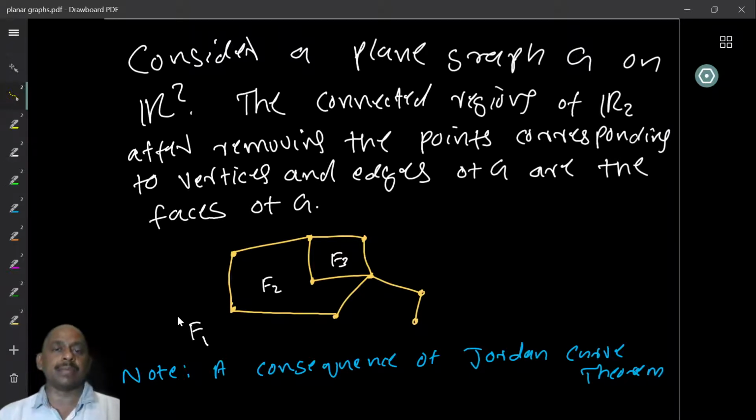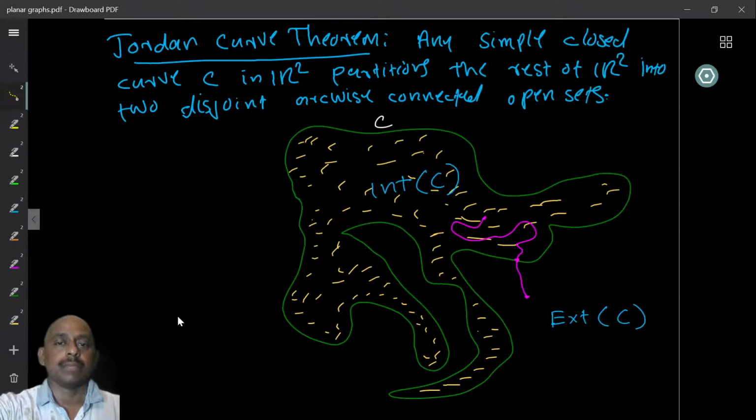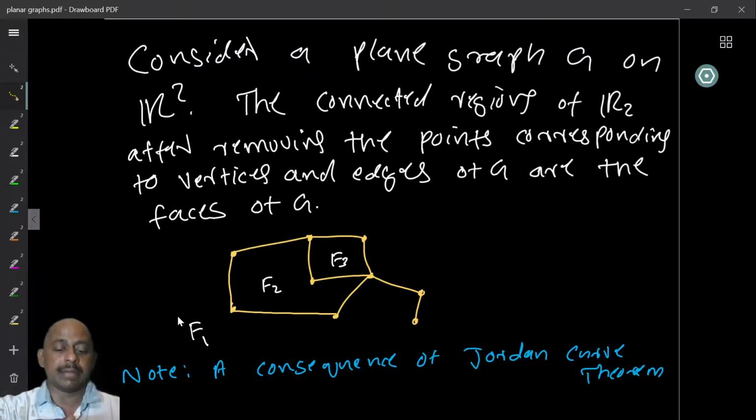There is one unbounded face, and all the other faces are bounded. Again, the fact that you can define these faces is a consequence of the Jordan curve theorem.